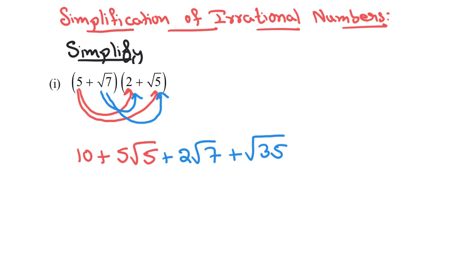Understood? Now, are there any radicals with the same numbers in them? No. So we cannot add any of them, and that will be your answer. Got it? That is how you open the brackets. Now let's look at another one.